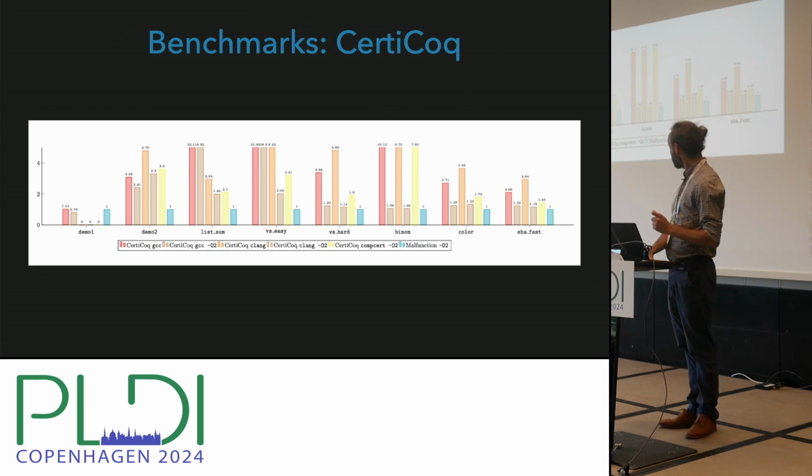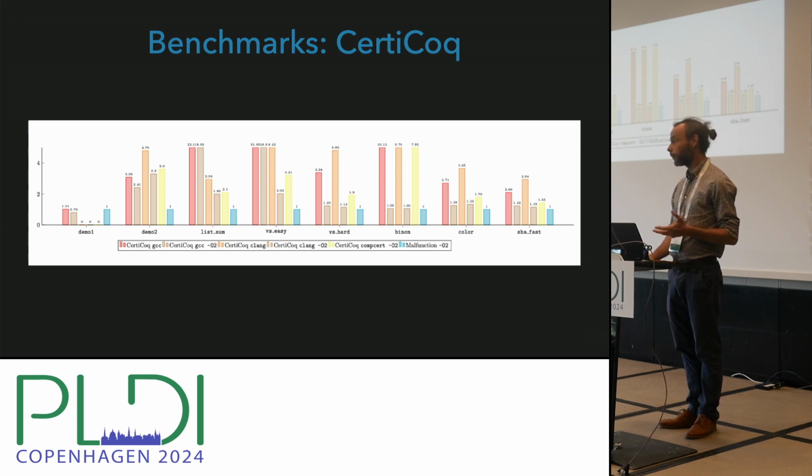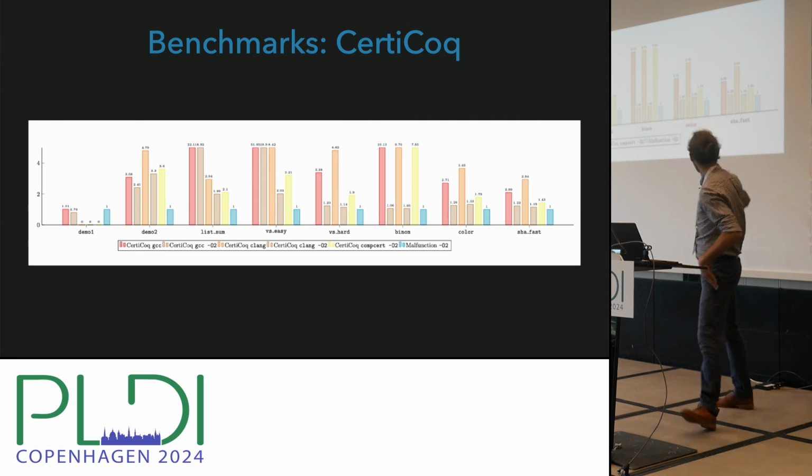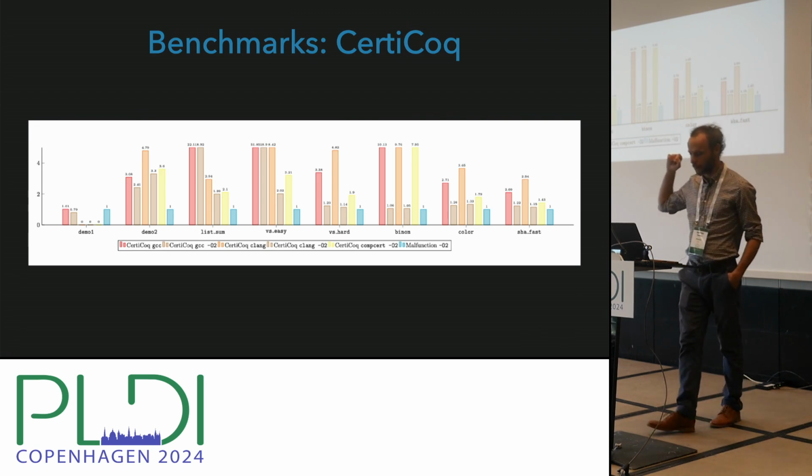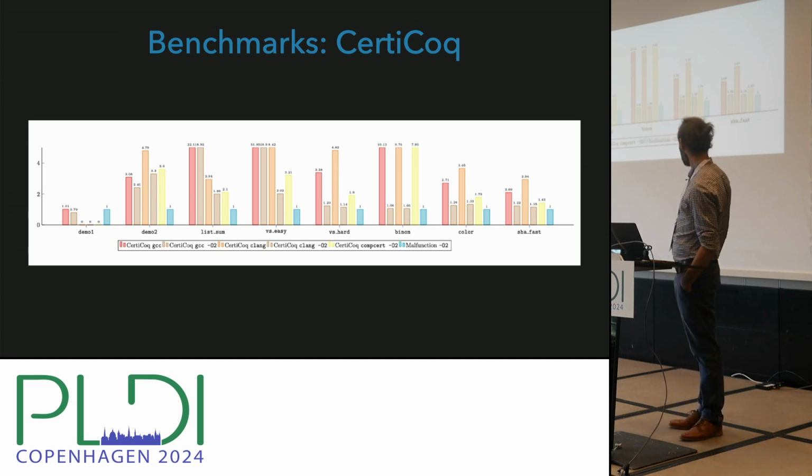Compared to CertiCoq, we are in a bit better shape here. On the left side, the blue bars represent the performance of our new verified extraction with optimizations applied in the OCaml compiler, and on the right side you have various runs with CertiCoq, using either GCC, CompCert, or Clang to compile the C code that is generated by CertiCoq.